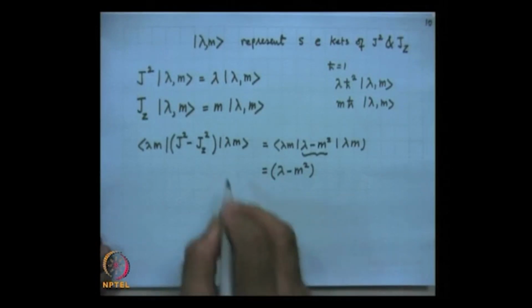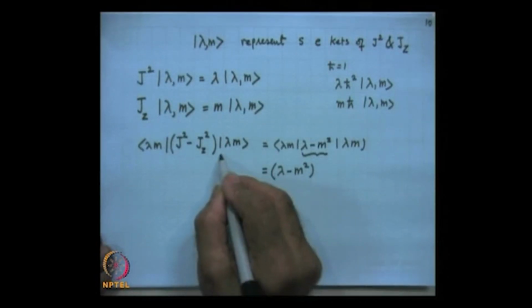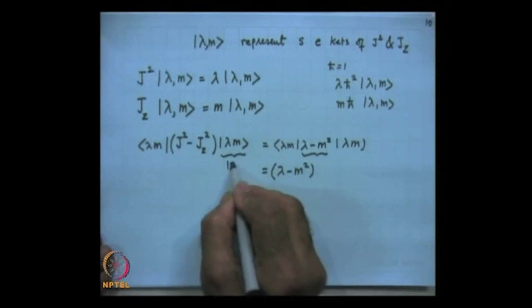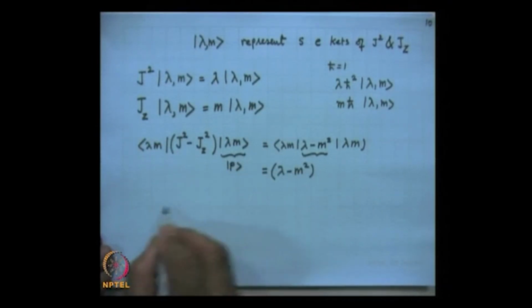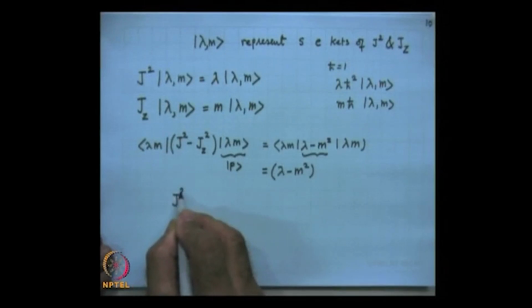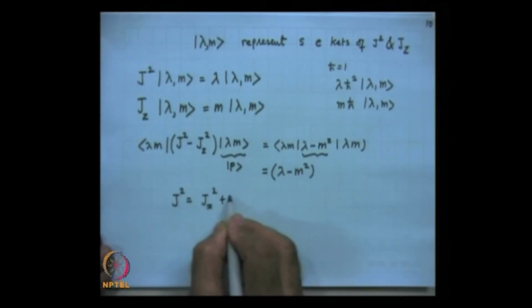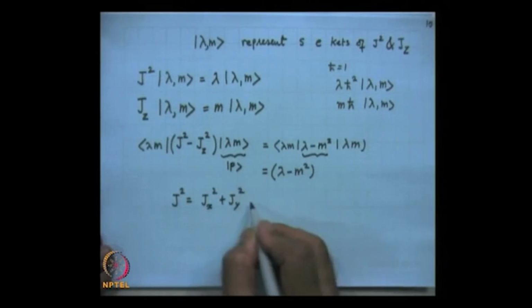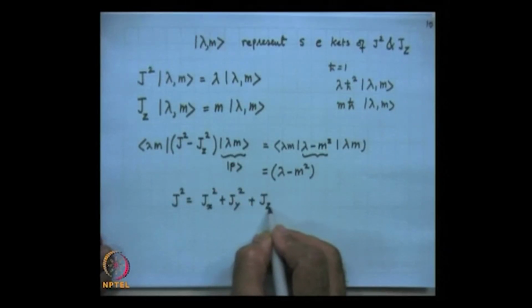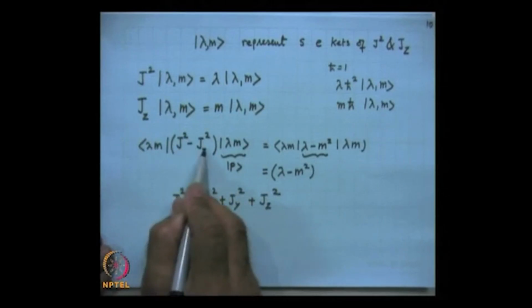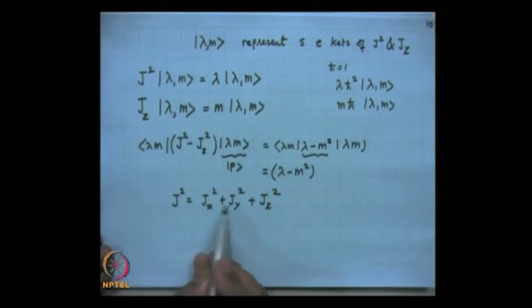Now, just for the sake of convenience, I represent this by ket p. So, j square, as we remember, is equal to jx square plus jy square plus jz square. So, j square minus jz square is just jx square plus jy square.